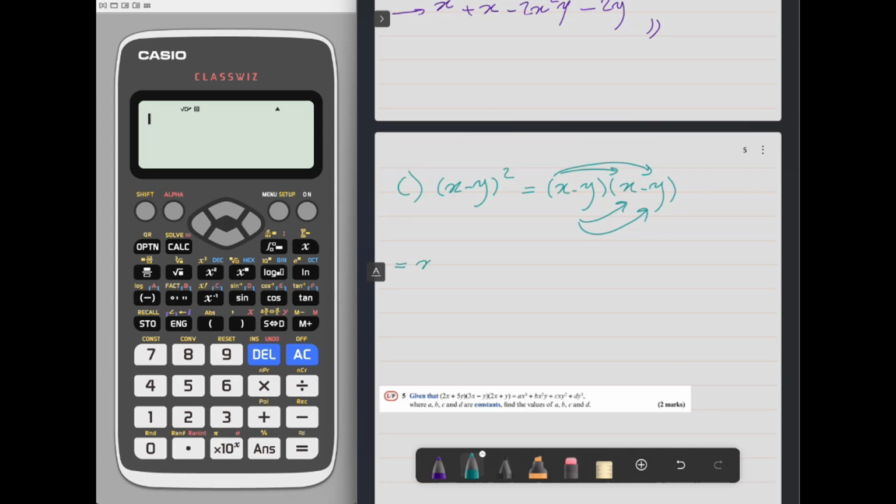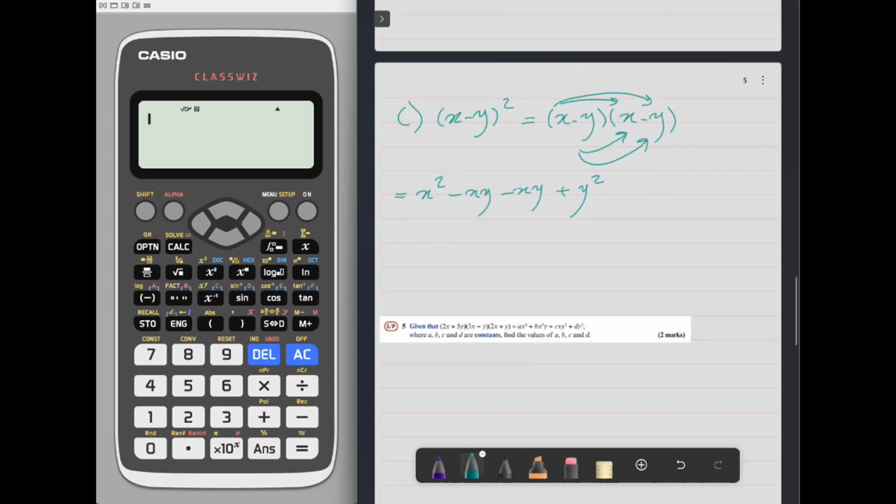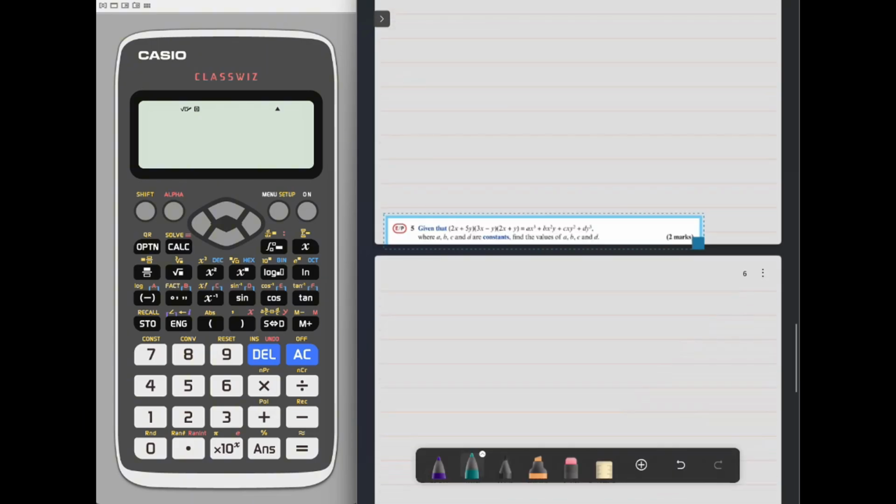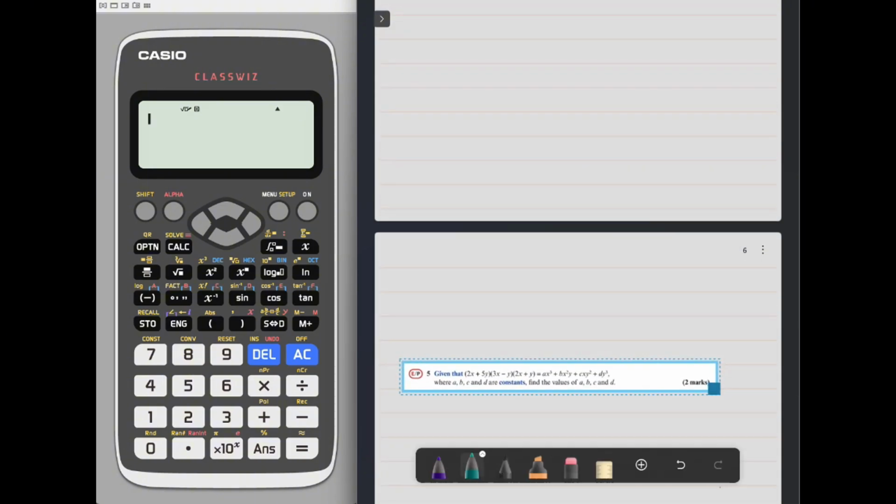So you write x squared minus xy minus xy plus y squared. Minus times minus results in a plus. So it's equal to x squared minus 2xy plus y squared. So it can be simplified, and we simplified it.